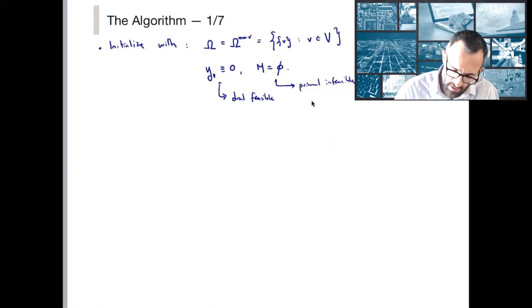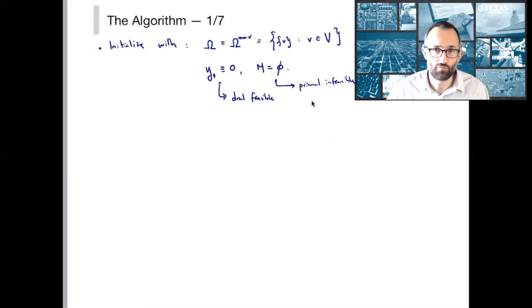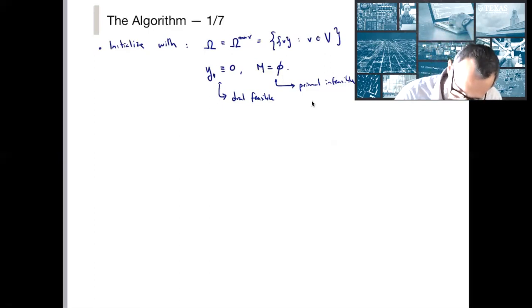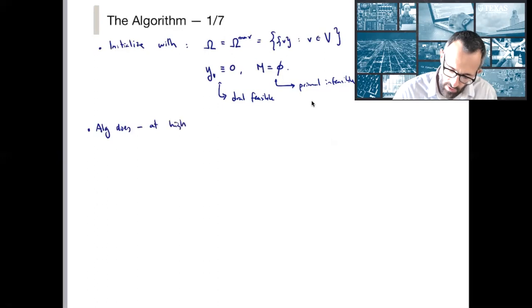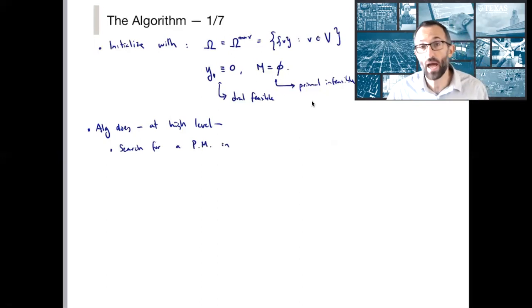Okay, so here's the high-level view of this algorithm, what we're going to do. This is, again, a high-level description. We'll get into the exact details in the next slides. So it searches for a perfect matching in the graph G prime.